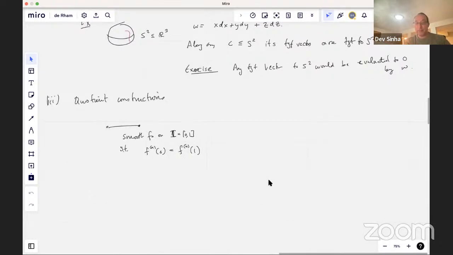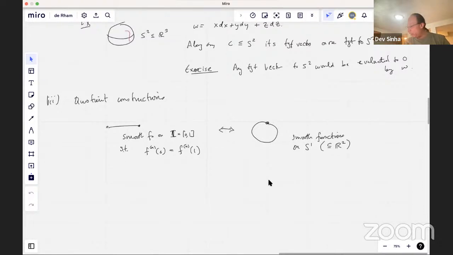So the values are the same, the first and second derivatives. I claim that those are the same set of objects as the smooth functions on the circle. Maybe I think of this inside of R2, or again, you could take whatever circle wherever it occurs and think about its functions.